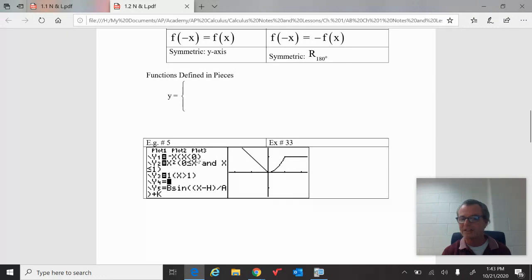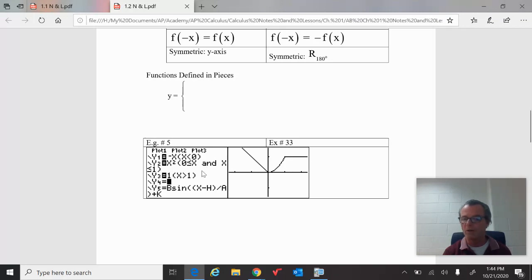It's x squared at 0 and up to 1. So this parabola for the x squared component is for all points between and including 0 and 1. And then it's the line y equals 1 when x is greater than 1.